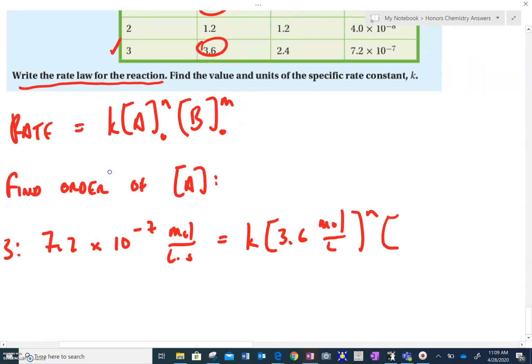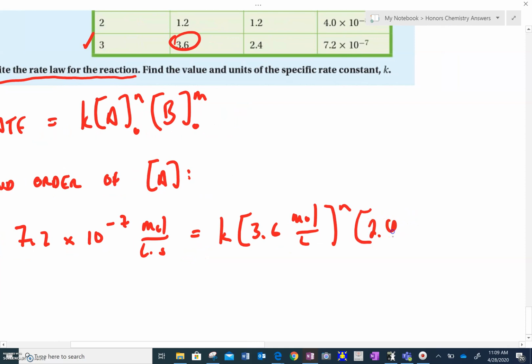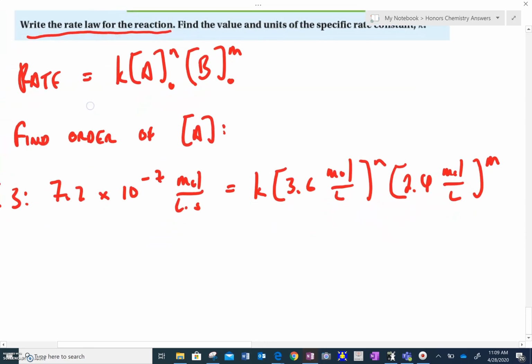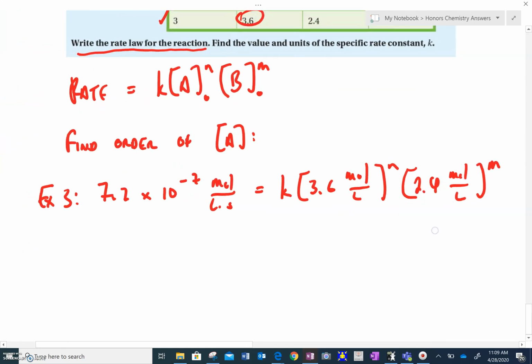We also know that the concentration of B in experiment 3 is 2.4 moles per liter, raised to some exponent that we don't know. We're going to compare this to experiment 1.